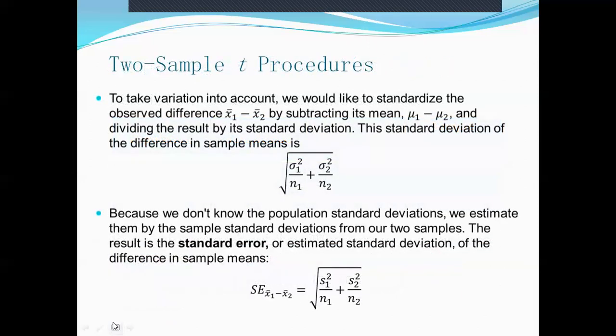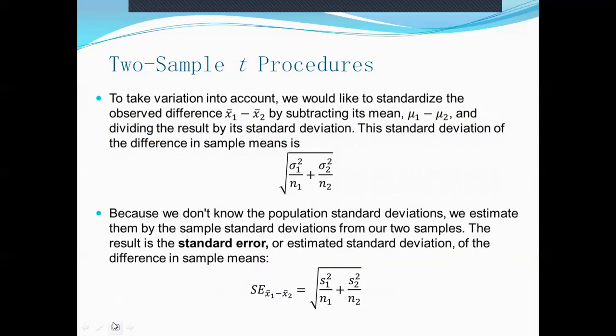Two sample t procedures. To take variation into account, we would like to standardize the observed difference between the sample 1 and sample 2 means by subtracting its mean, mu1 minus mu2, and dividing the result by its standard deviation.